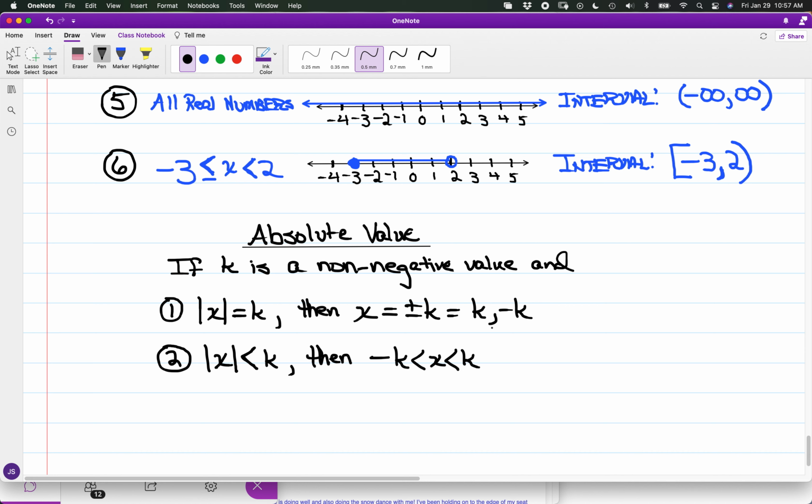And the interval notation for this, for x between negative and positive k, would have parentheses enclosing negative and positive k.